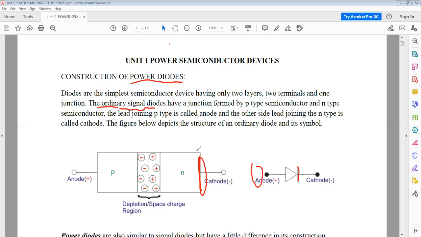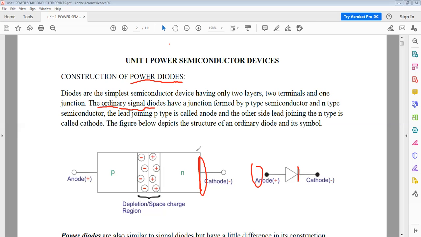Power diodes have higher voltage and current handling capacities than ordinary semiconductor diodes. The diode conducts during forward bias, whereas it opposes the current or voltage when in reverse bias.